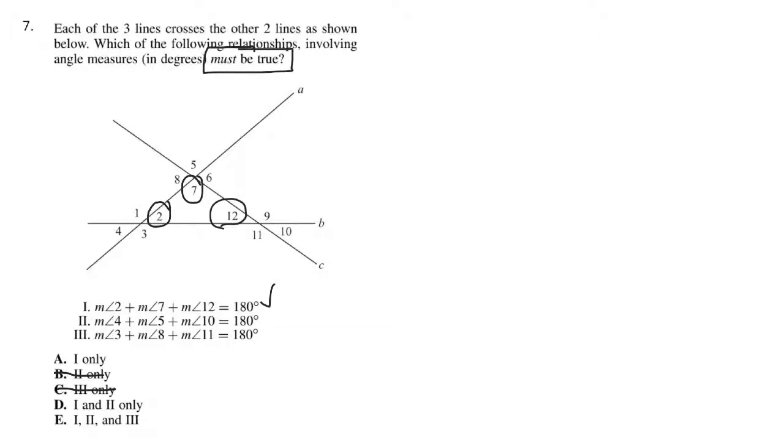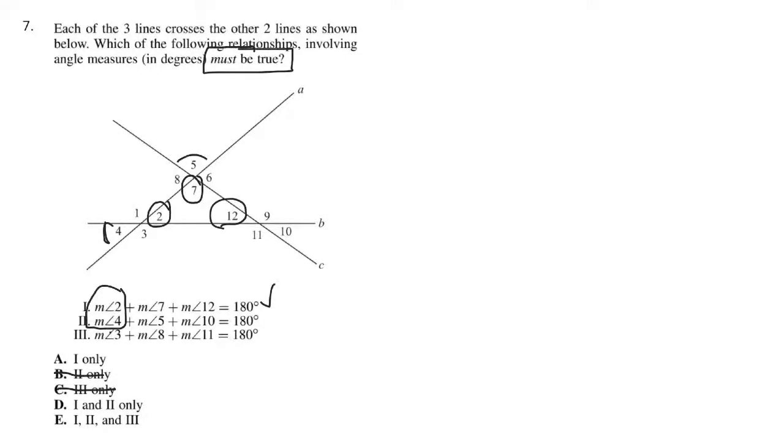Now let's look at number 2. Well, with the second one, measure of angle 4 plus measure of angle 5 plus measure of angle 10. Well, if you look at this, notice angle 4 is a vertical angle to angle 2. So really, these two have the same measure.